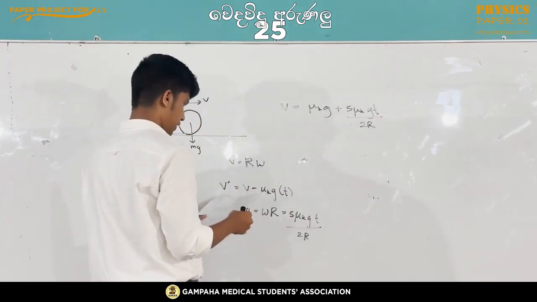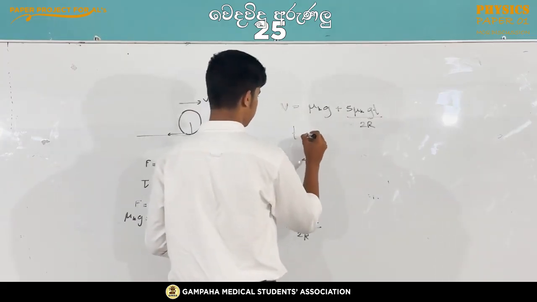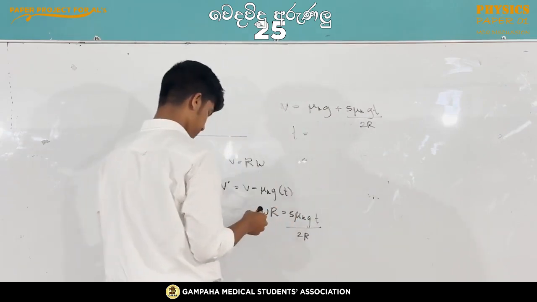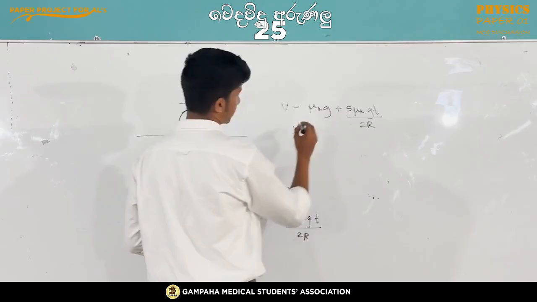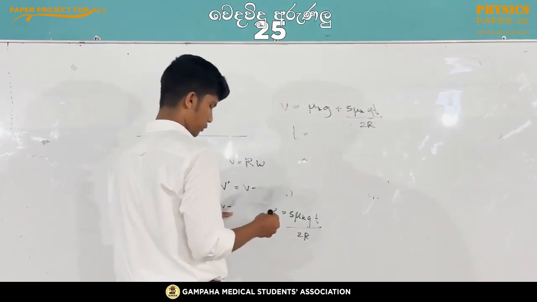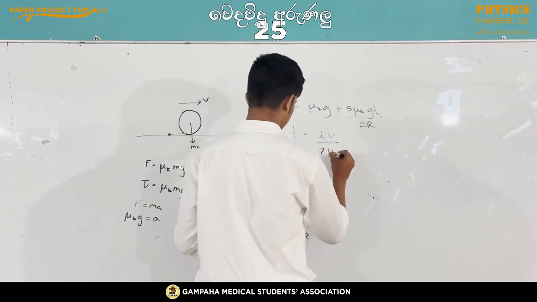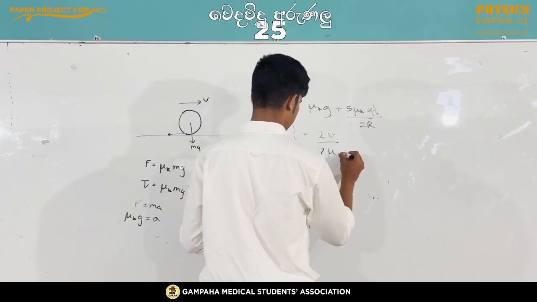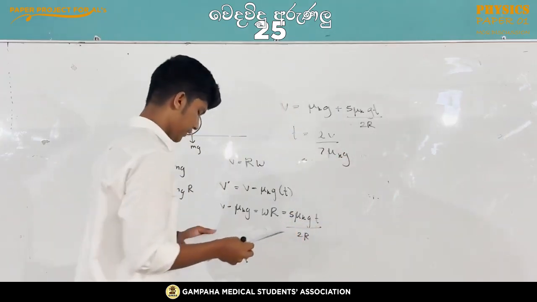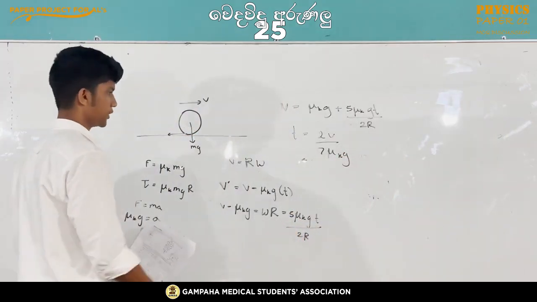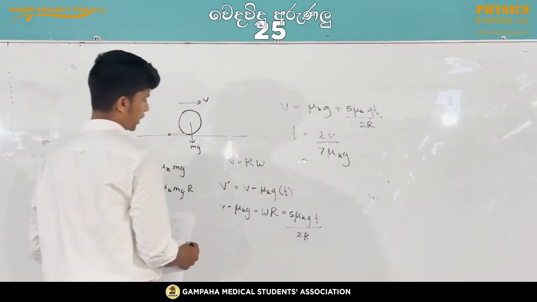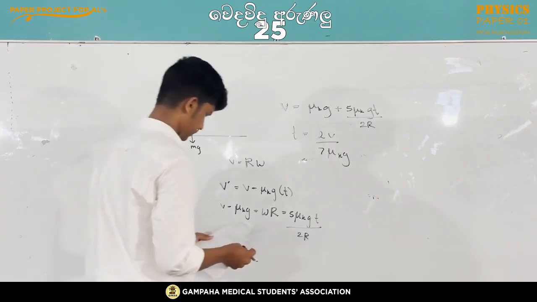Then t will be equal to, using this we can make t the subject, and then t will be equal to 2v over 7 mu k g. Thereafter we can substitute t here and then find the velocity at that moment.